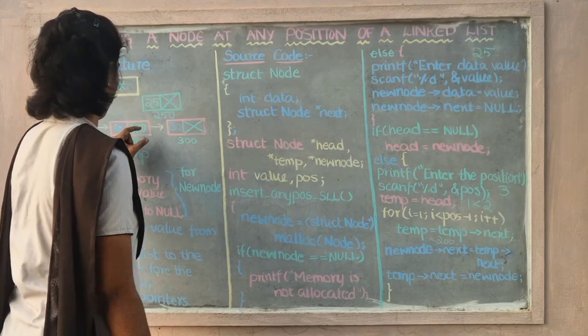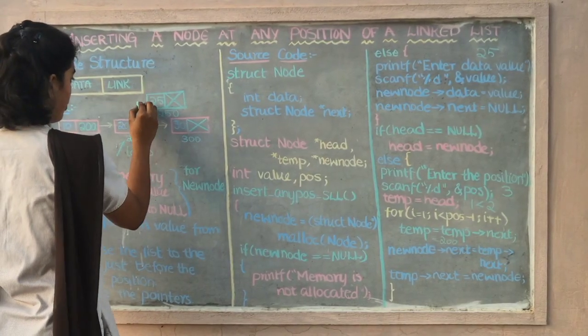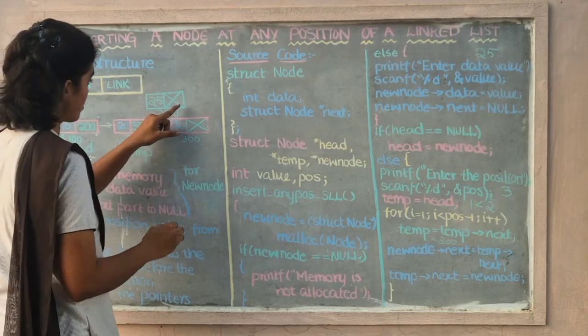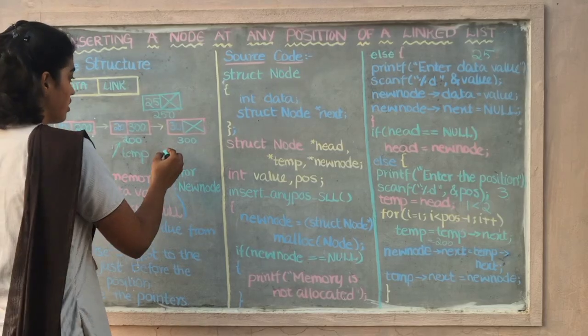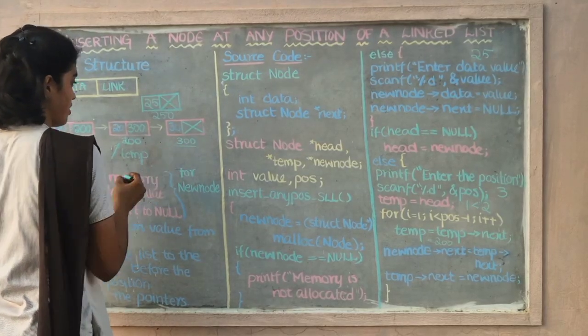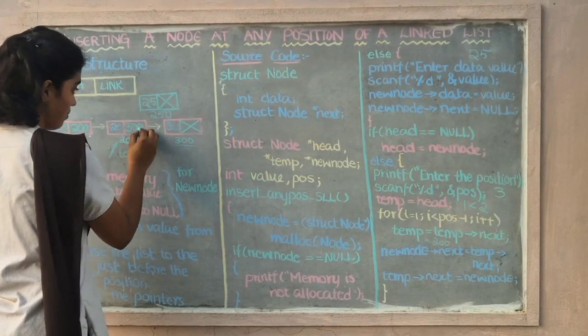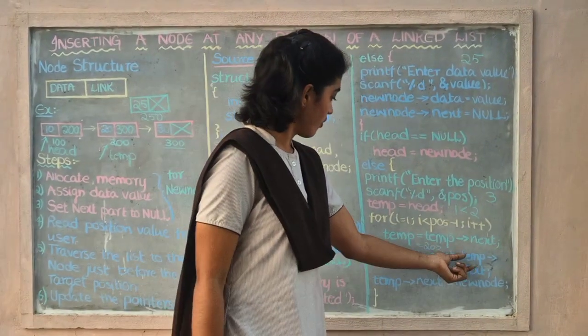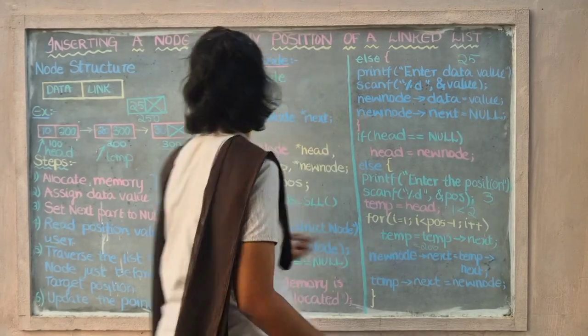I have given the position value as 3. That means this next part should indicate the new node memory address, and also new node next part should indicate 300 as memory address. Therefore, this 300 is stored in the next part of temp. So temp of next should be assigned to the new node of next.